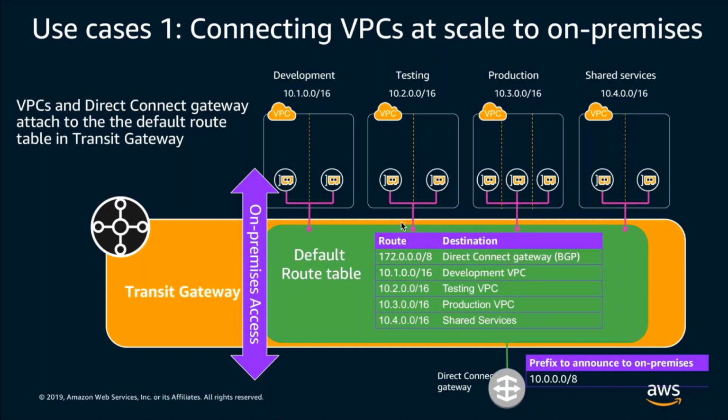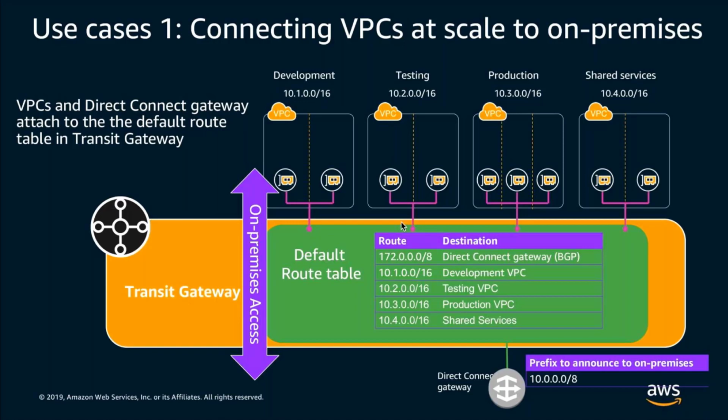What we commonly see is you'd have different accounts, and each account will have a bunch of VPCs. These VPCs are connected to the transit gateway. And this transit gateway is multi-account, so you can connect VPCs from different accounts to your transit gateway. And then here you want to bring your direct connectivity to these VPCs. So you connect your Direct Connect gateway to the transit gateway.